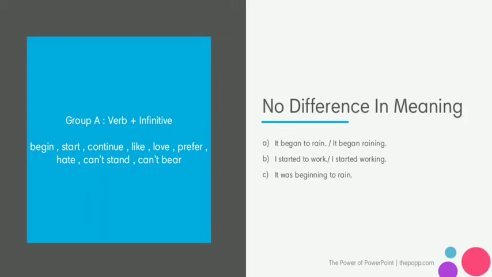The example is, it began to rain, or it began raining. In example A, there is no difference between began to rain and began raining. I started to work, or I started working. And it was beginning to rain. If the main verb is progressive, an infinitive, not a gerund, is usually used, as in example C.